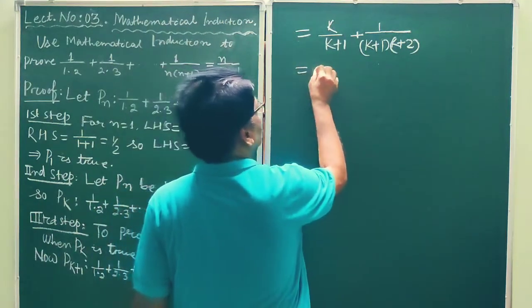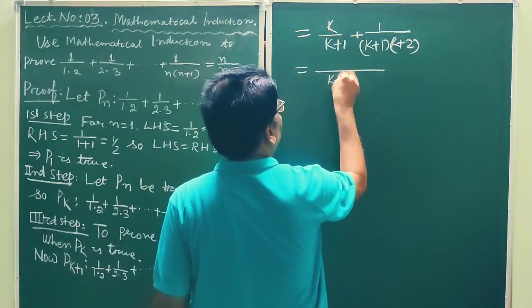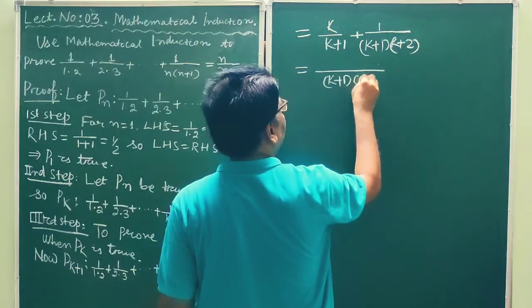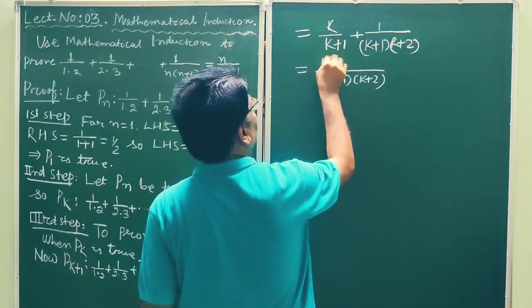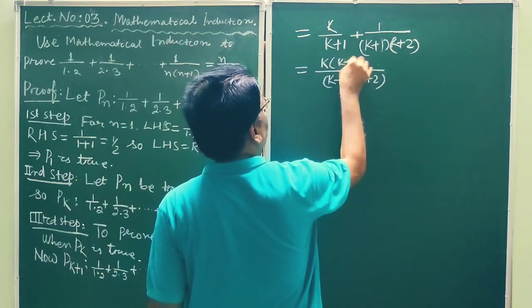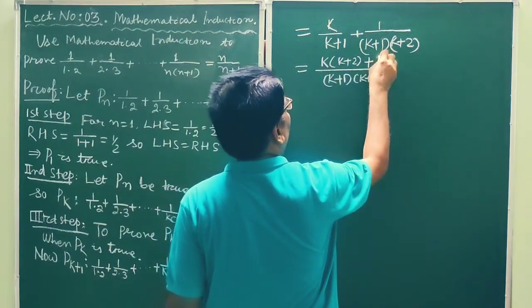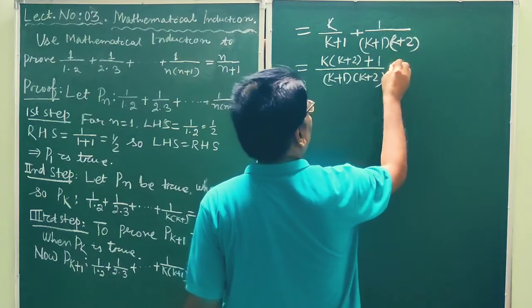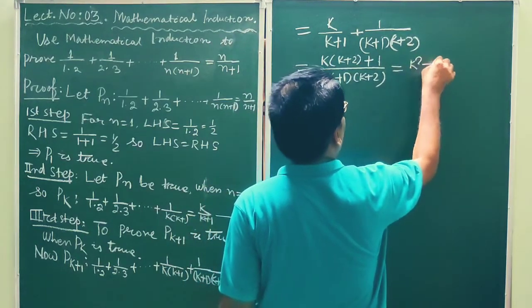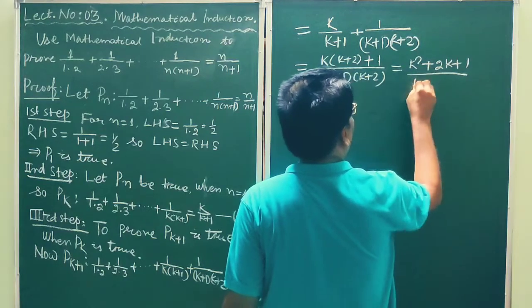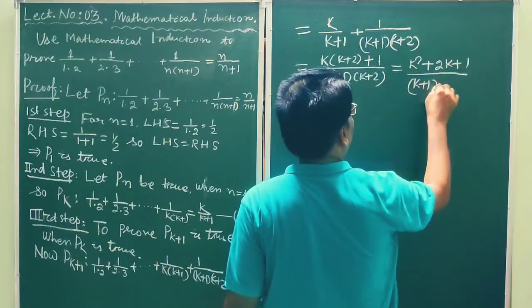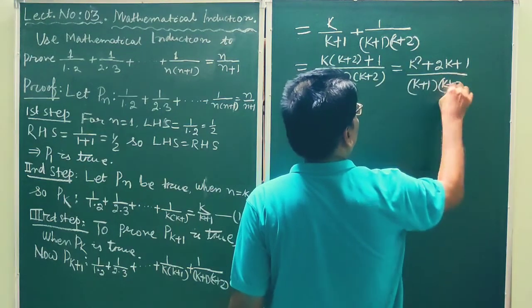Now adding this to the expression, here the LCM is k plus 1 into k plus 2. So now this is k into k plus 2 plus 1, which is equal to k square plus 2k plus 1, by k plus 1 into k plus 2.